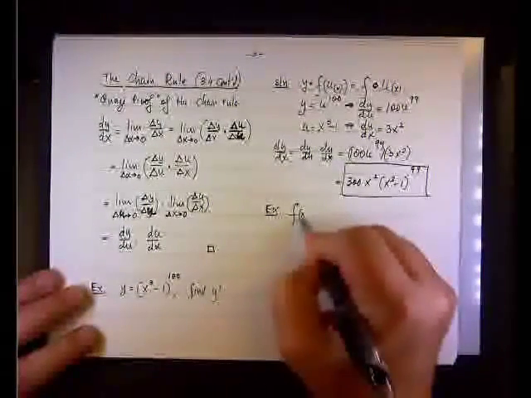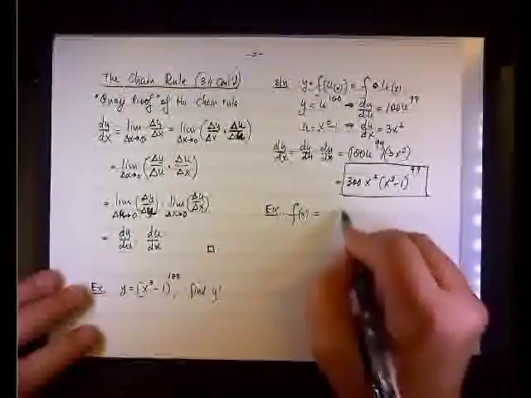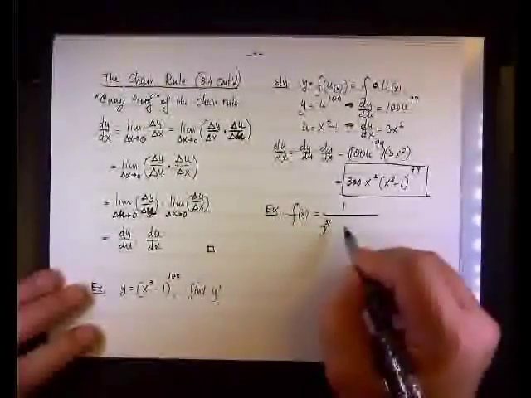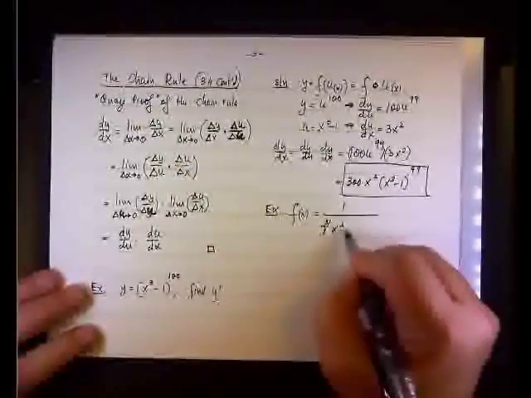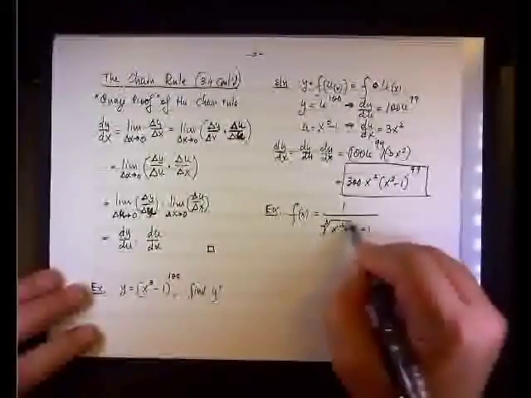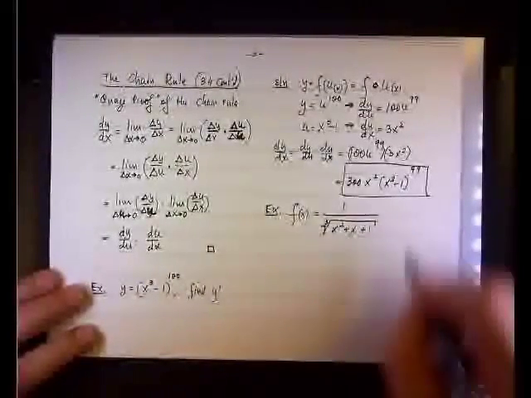f of x is 1 over the cube root of x squared plus x plus 1, like so. Okay?